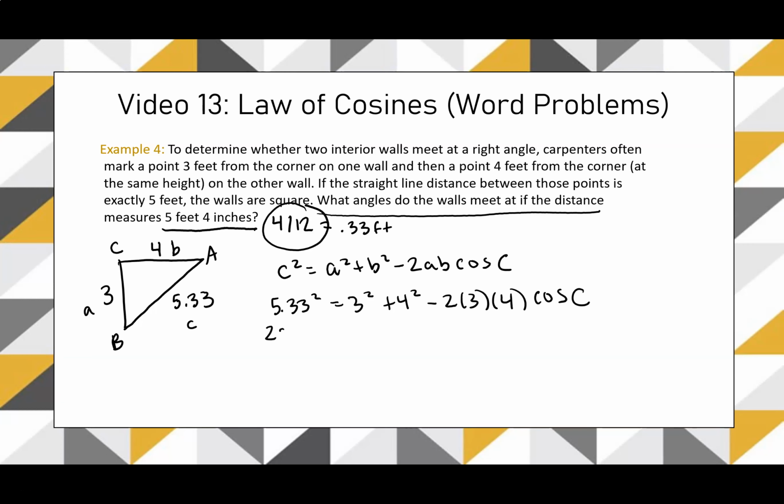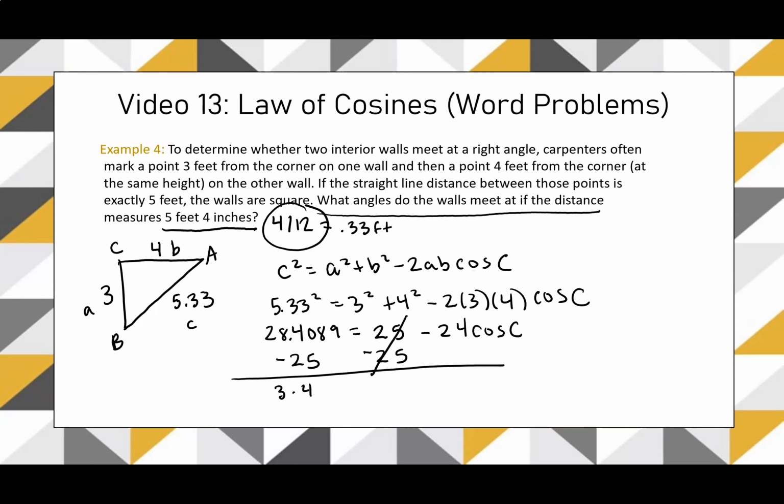Well, that's roughly 28.4089 equals 3 squared plus 4 squared, which is still 25, like the last problem, and then this still is 24 cosine C. Subtract 25 from both sides. That disappears here, but we are left with 3.4089 is equal to negative 24 cosine C.